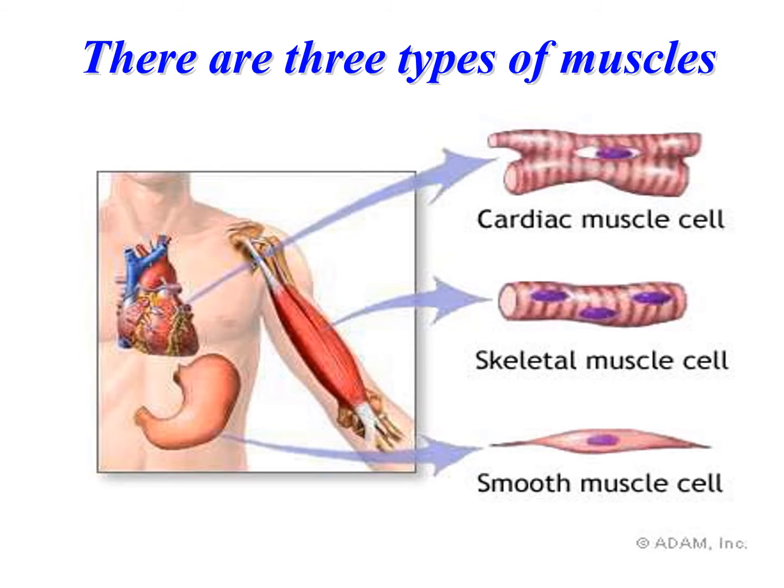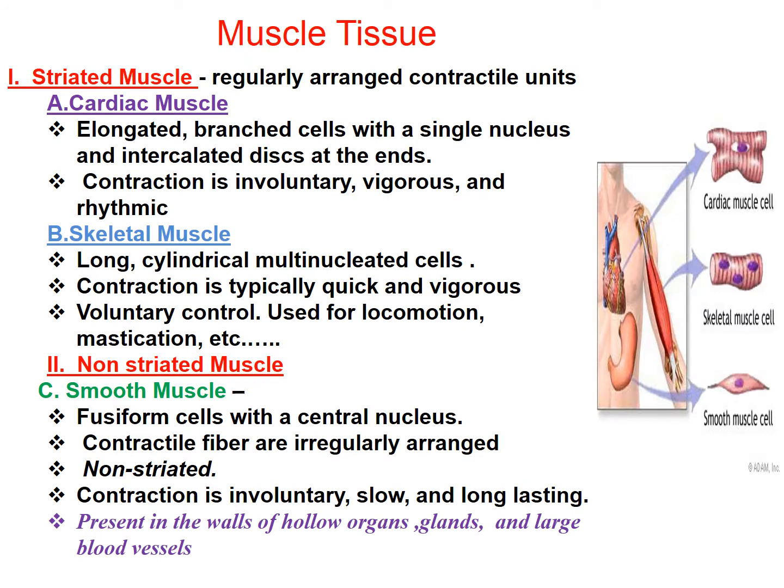There are three types of muscles: cardiac muscle, skeletal muscle, and smooth muscle. About the tissues of these muscles, the muscle cell is called muscle fiber.